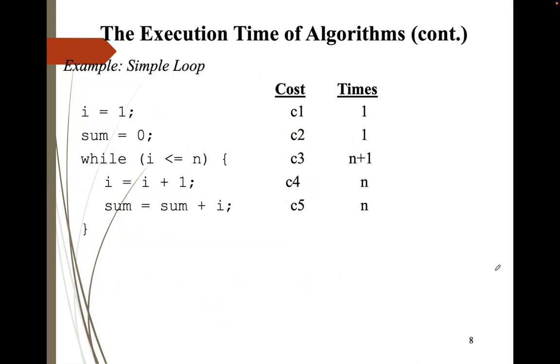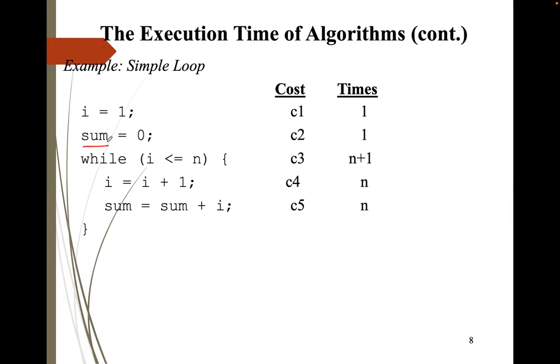All right, now we're going to see the execution time of an algorithm if we have a loop. In that case, the calculation of execution time is going to get slightly interesting. Here we have a simple loop. First we're initializing the loop variable to 1.